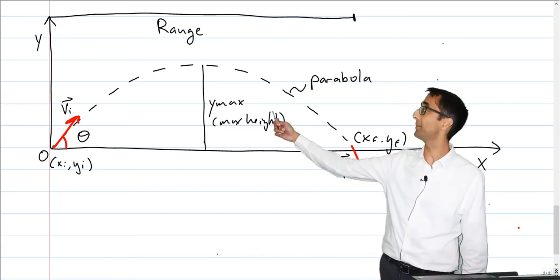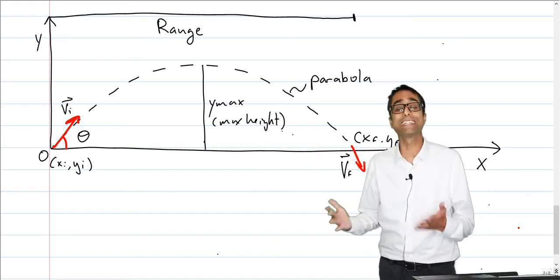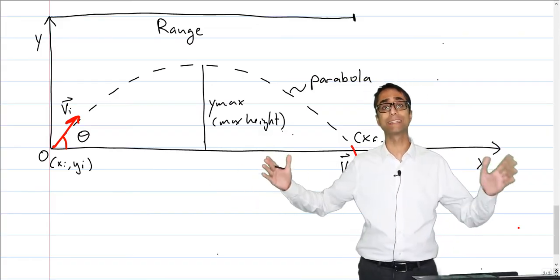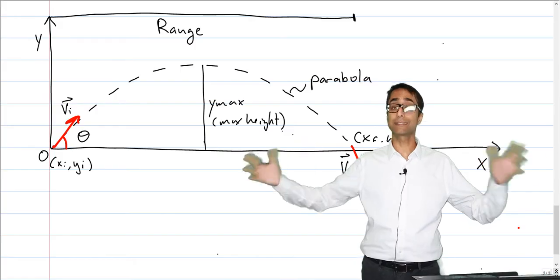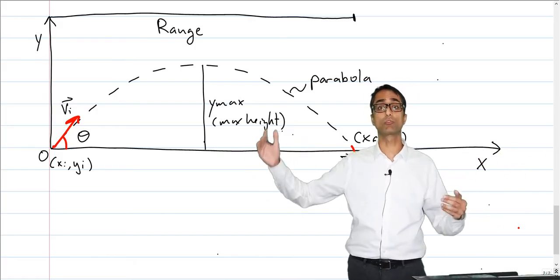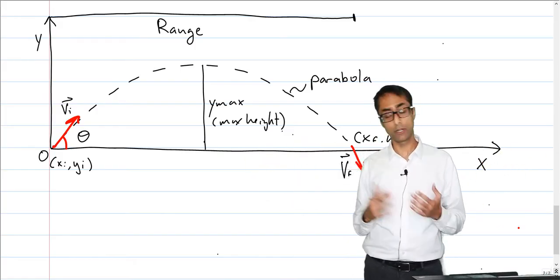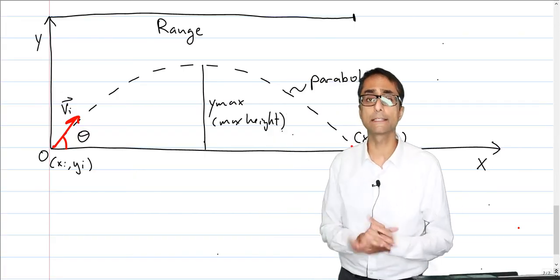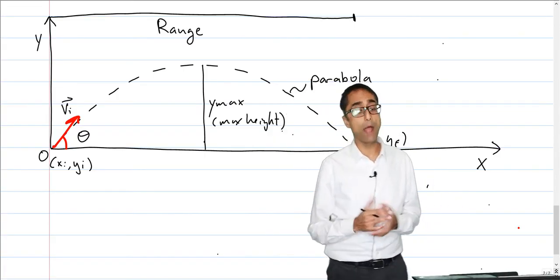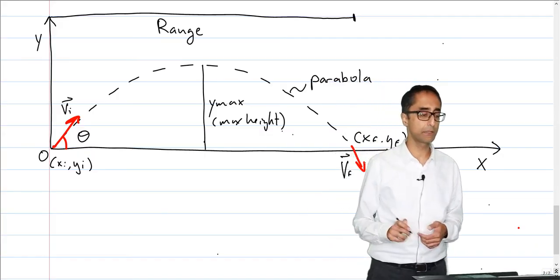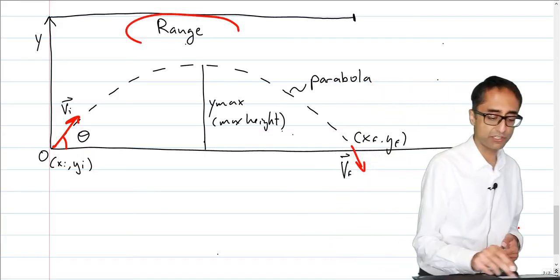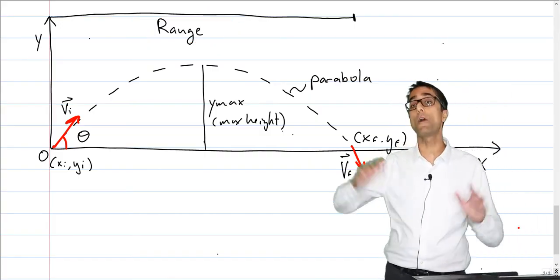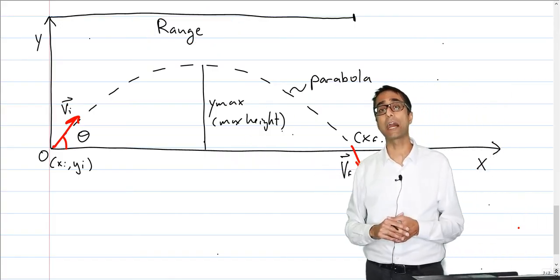Okay, and so a couple other important parts of this parabola. One is the maximum height. The maximum height in this case does occur halfway between the two, but that's only because it lands at the same height that it's launched at. If this was a more complicated problem where our final position was a little bit higher, a lot lower, anything like that, y max could occur at different places. Similarly, the range. Range is a famous value that gives us how far our projectile motion went.